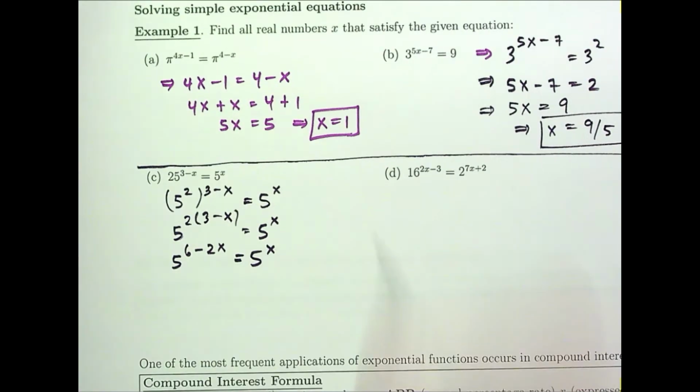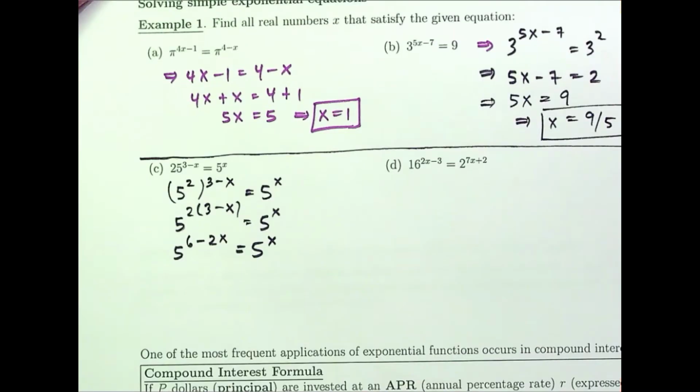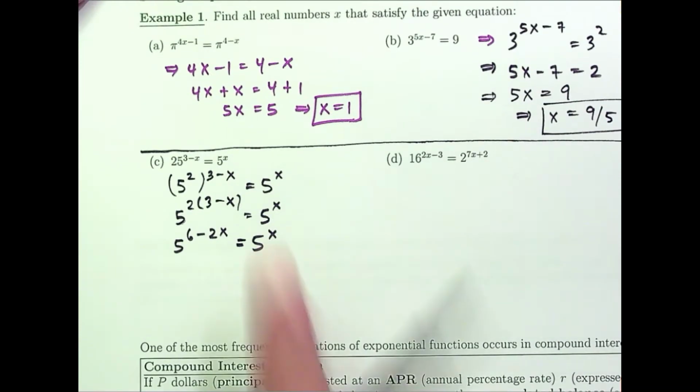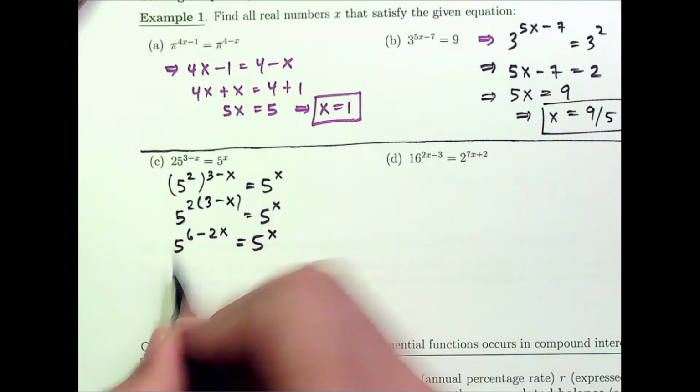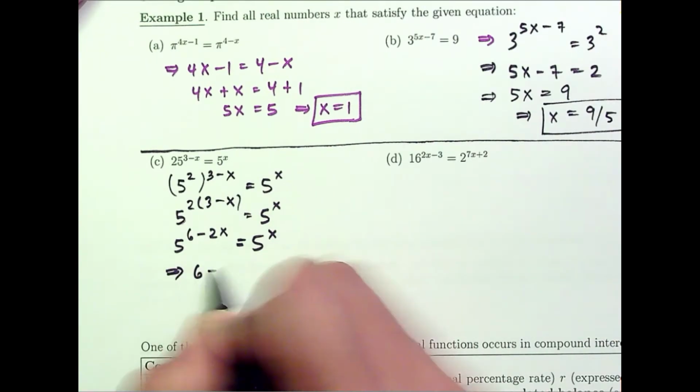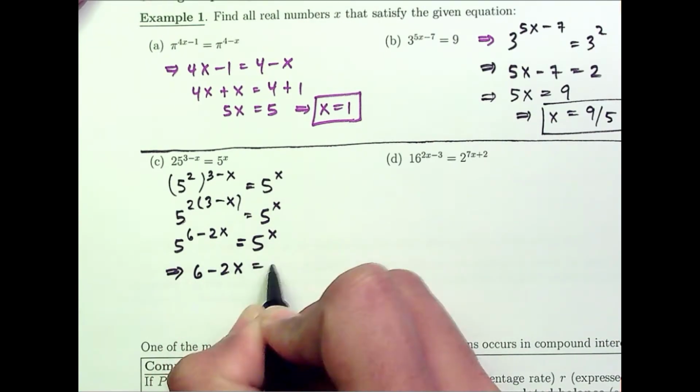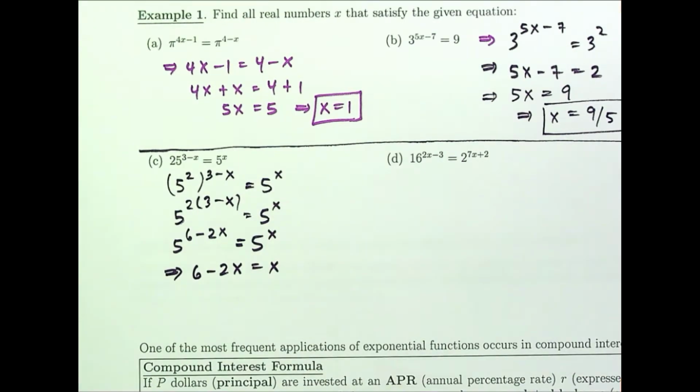And now we have two exponentials equal to each other where the base is the same for both, namely 5. Now, because the bases are the same and you have them equal to each other, that means the exponents have to be the same. What that means is that 6 minus 2x has to be the same as x.